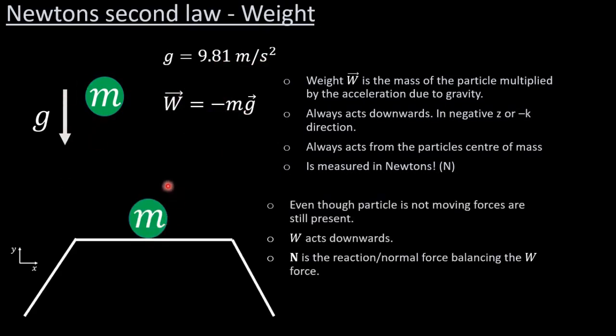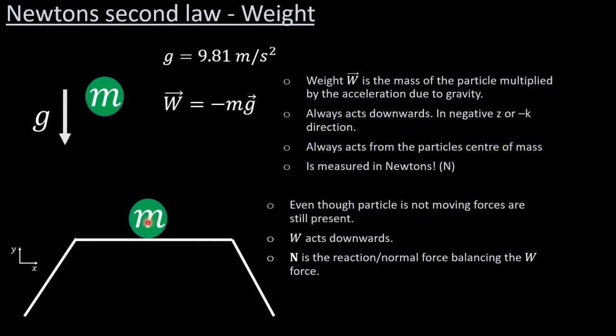Let's say we had that mass on this support down here, just sat on top of that, not moving. Even though the particle is not moving, forces are still present. The weight acts downwards, and there's a normal reaction force that's balancing the weight force. So the weight is always acting downwards, and there's going to be a normal reaction force, which we're going to call N, acting in the opposite direction.